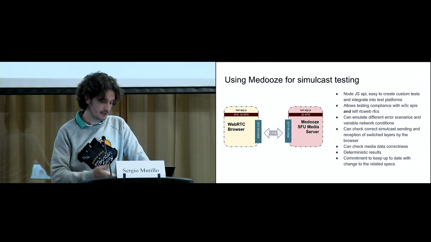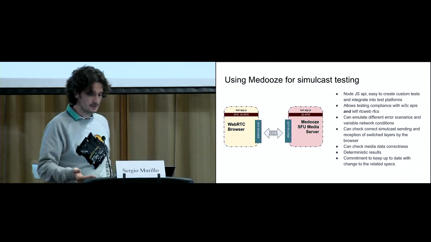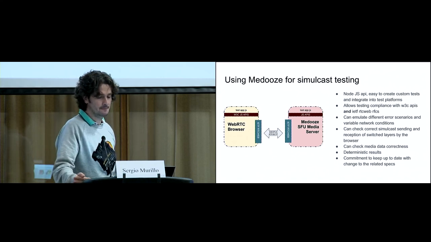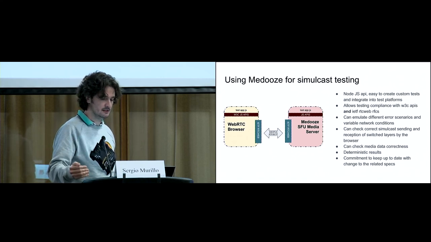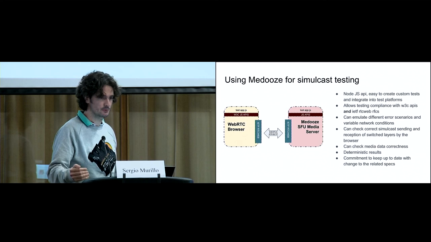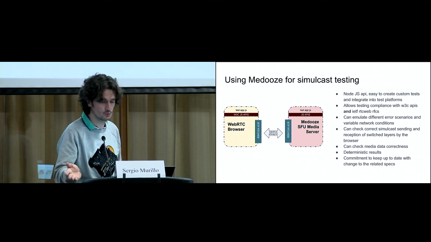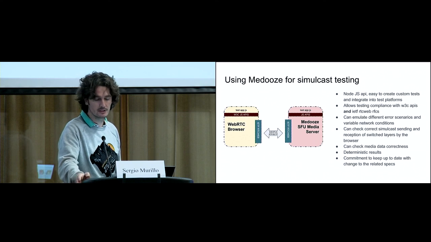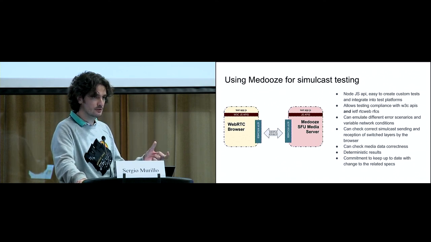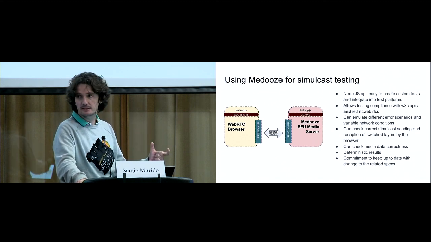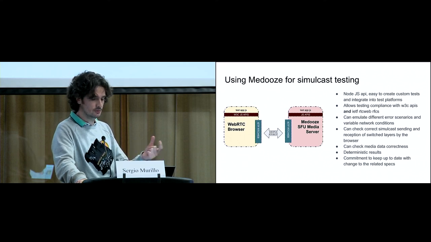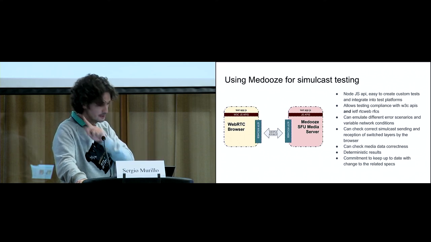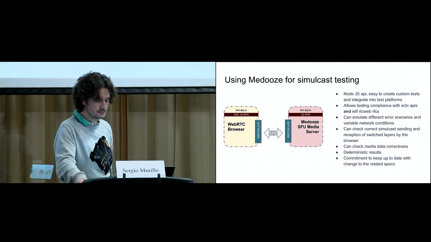Also, if you are doing simulcast, which today is only supported with VP8 in Chrome and Firefox, you need to check that even the VP8 stream is correct. So you can only do this if you control the SFU.